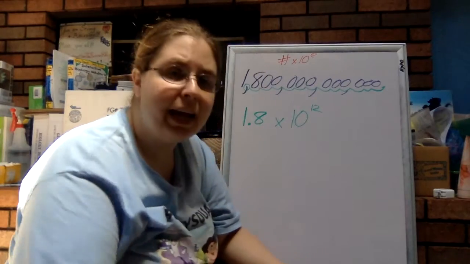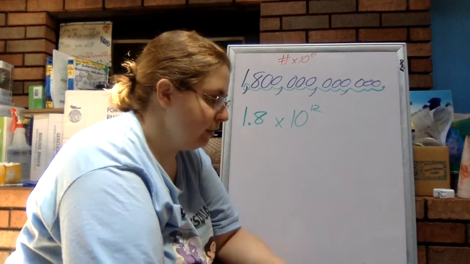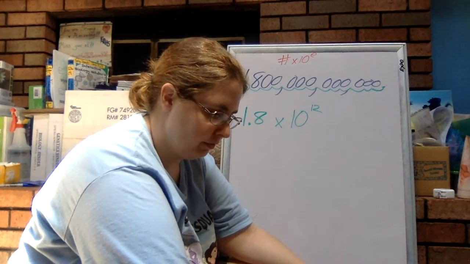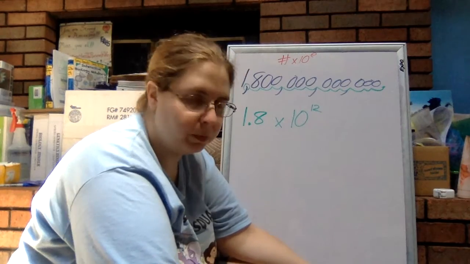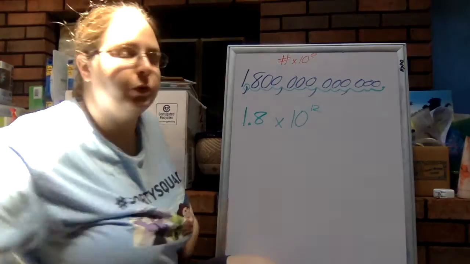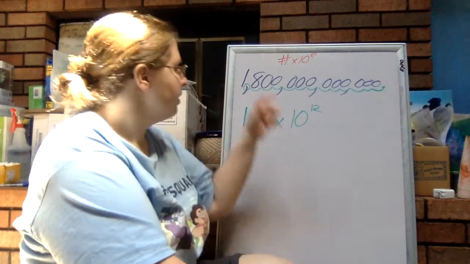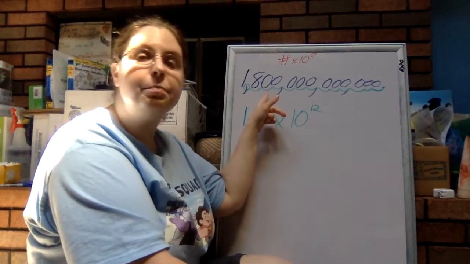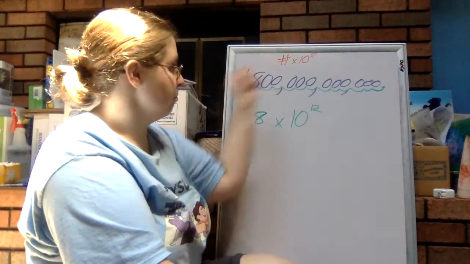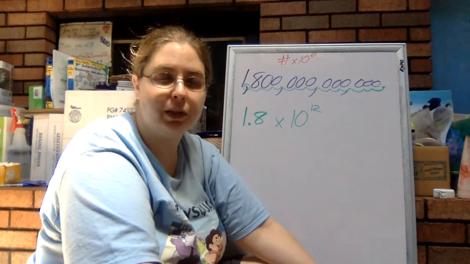Now you can have positive and negative exponents, and there's a whole way to think about it in terms of which way you're moving the decimal point. I'll give you the easiest way to figure out if your exponent should be positive or negative. Your starting number: is it bigger than 1 or less than 1? This big monstrosity of a number is definitely a lot bigger than 1.